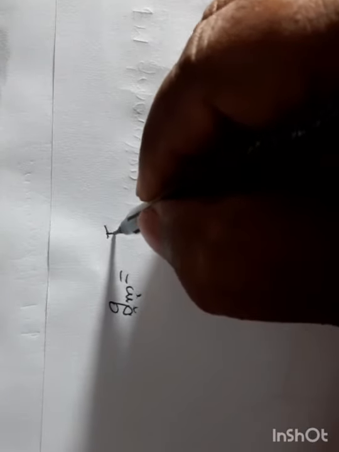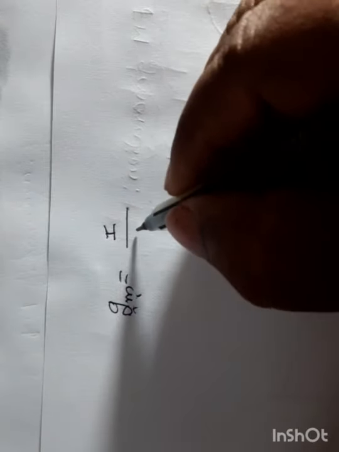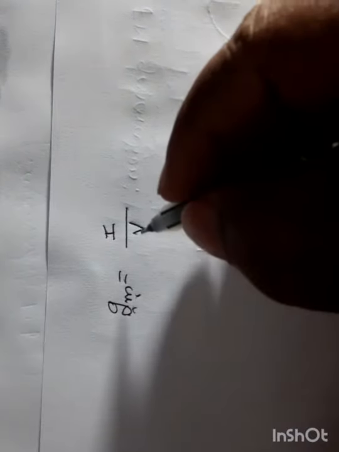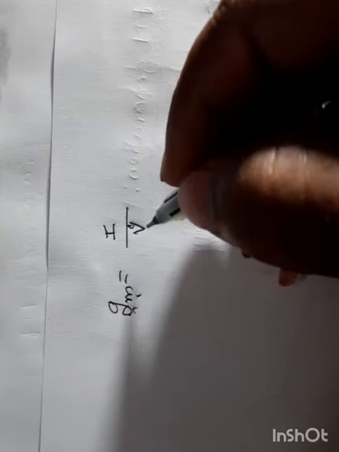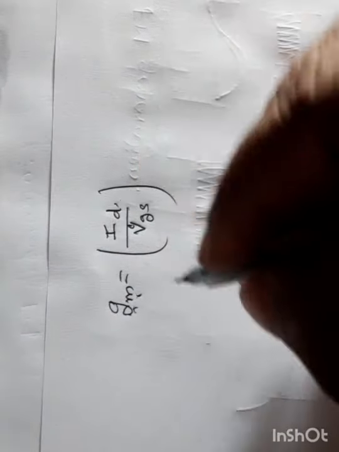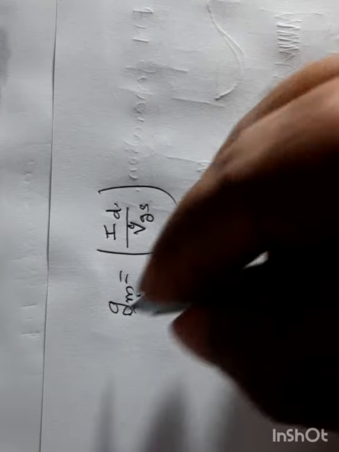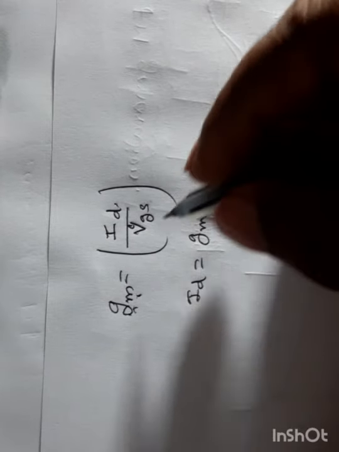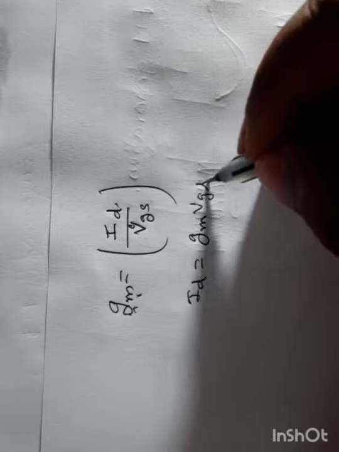Conductance means current divided by voltage. Transconductance means the input voltage is transferred to the output current. Therefore, it is defined as output current divided by input voltage, or the drain current Id is equal to Gm into Vgs.